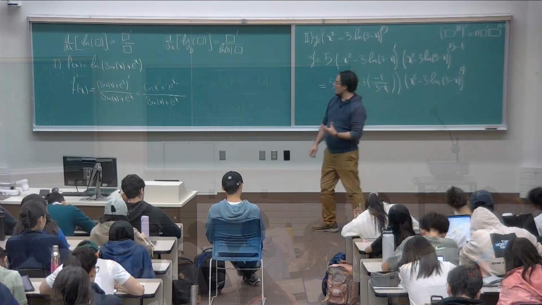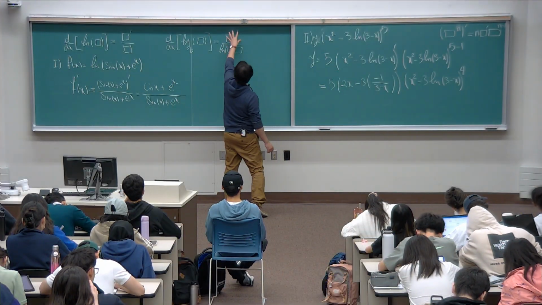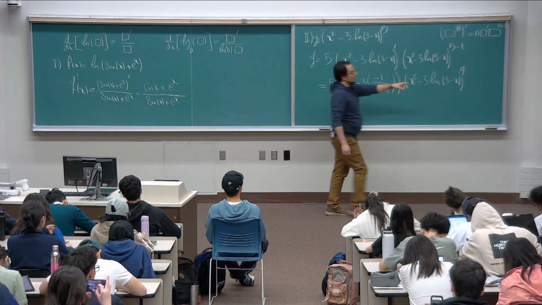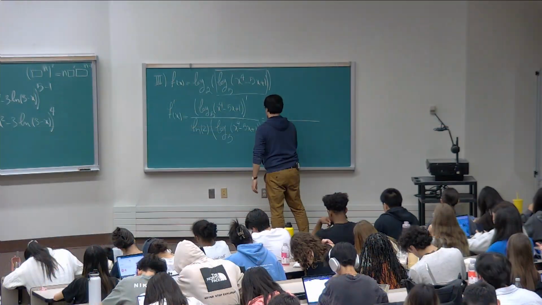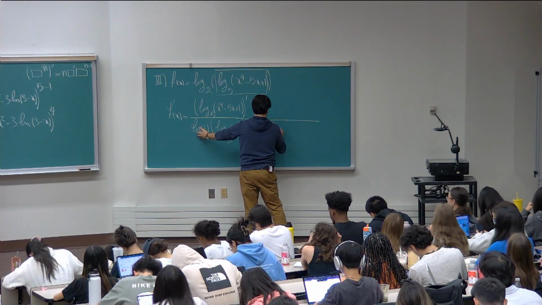So I applied this rule one time, but this box prime itself is another log function. So that means that, well, this part I don't have anything to add to it.